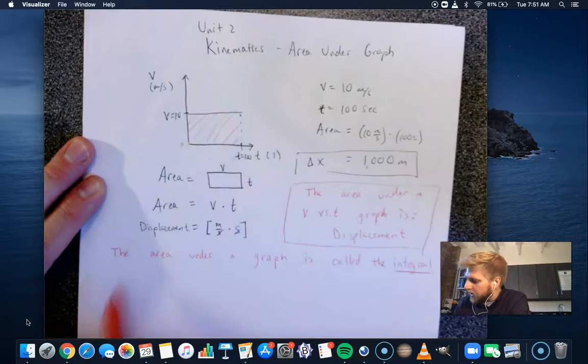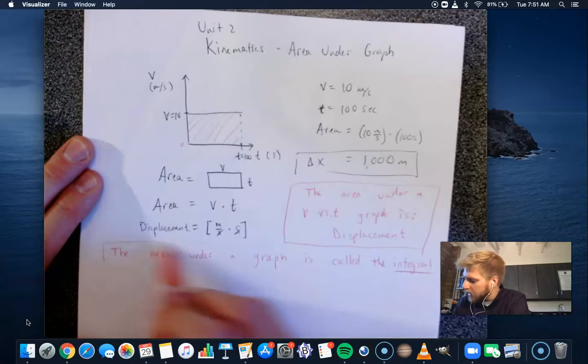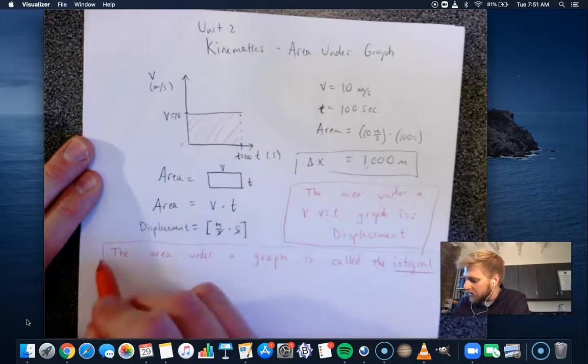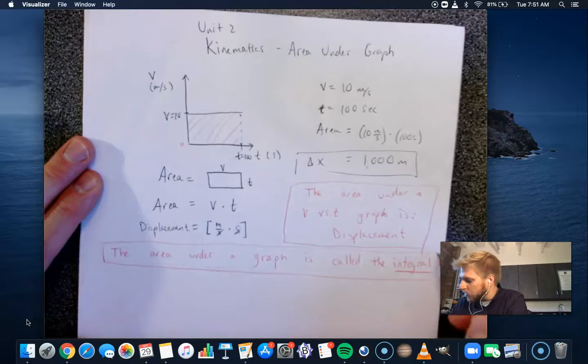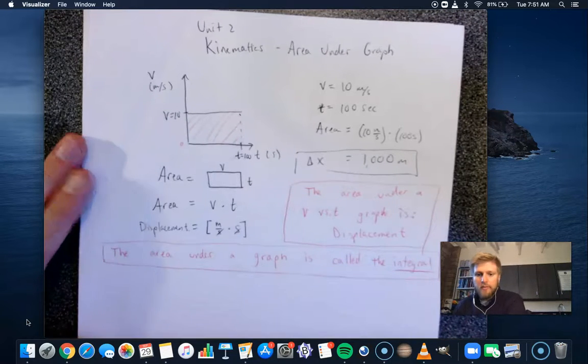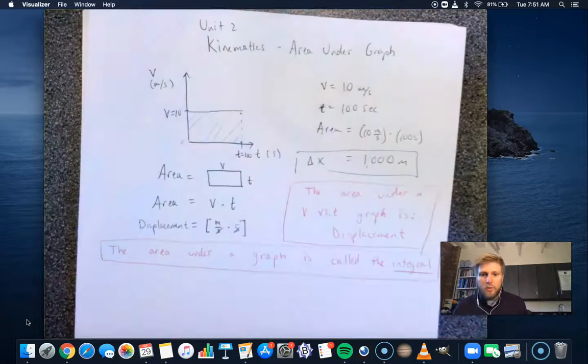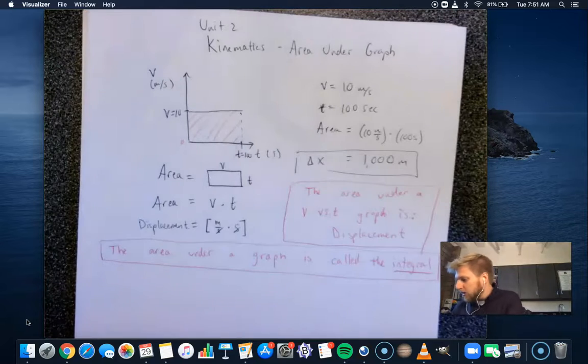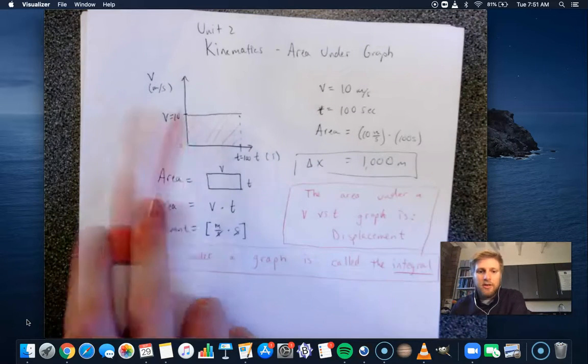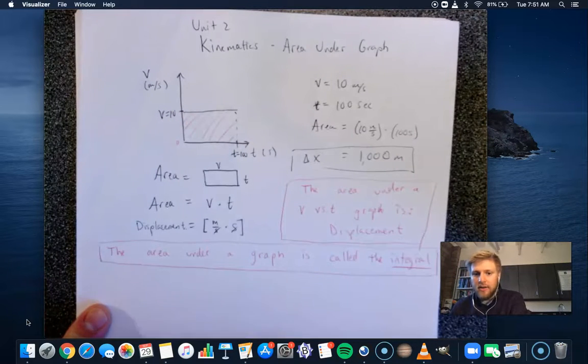That's a funny new word that you likely haven't seen before. Even if you're in calculus, unless you're really ahead, you probably haven't seen that word before. We're going to talk about how you actually compute the integral using calculus a little bit later. But for right now, this is a fact that we should know. Integral is the area under a curve, and specifically the integral for a velocity time graph is displacement.